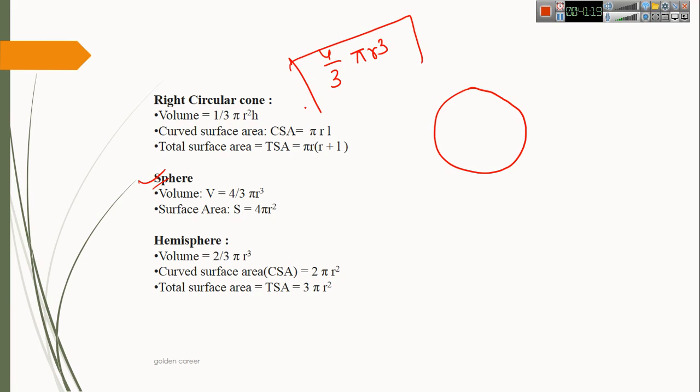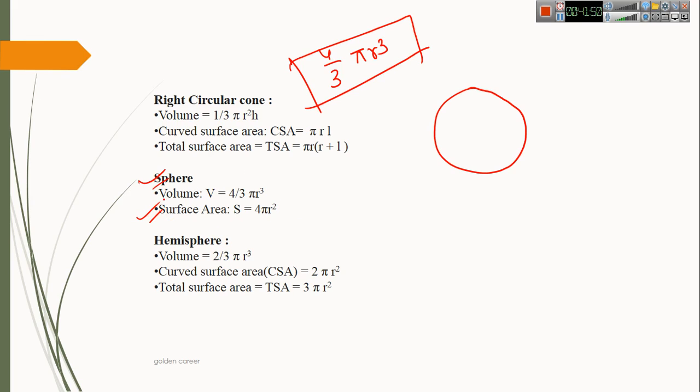So if we have a cone of same height and same radius, then the volume is 1/3 of the volume of the cylinder. So if we remember the formula for the volume of cylinder, we will find that volume of the cone will be 1/3 of that cylinder. So volume for cone is 1/3 pi r square h. This is the volume of right circular cone.